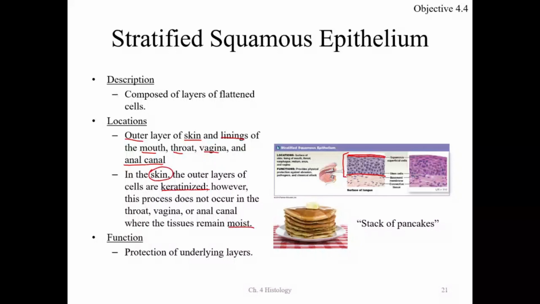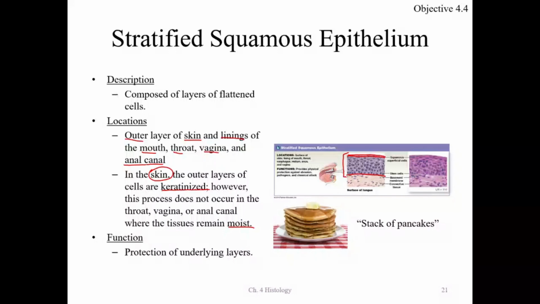Keratinization happens on your skin. That's what happens when you get calluses and corns, it keratinizes extra. We will talk about this in the skin lecture.